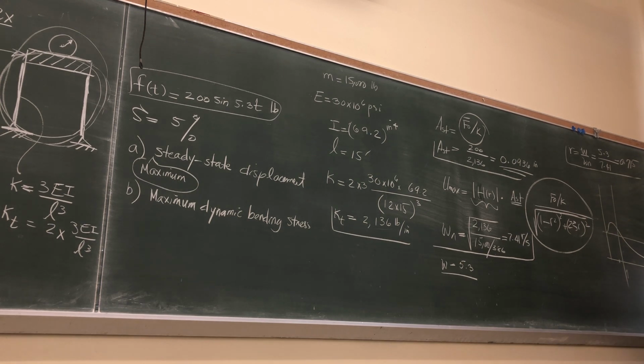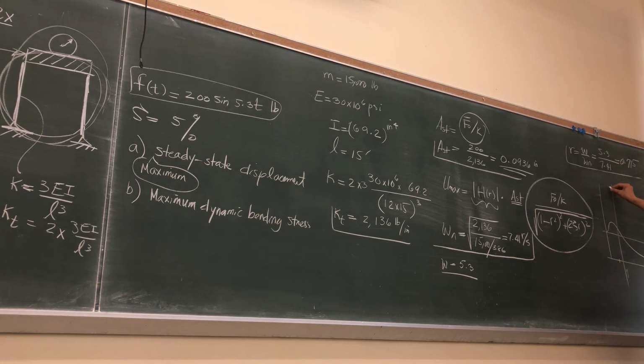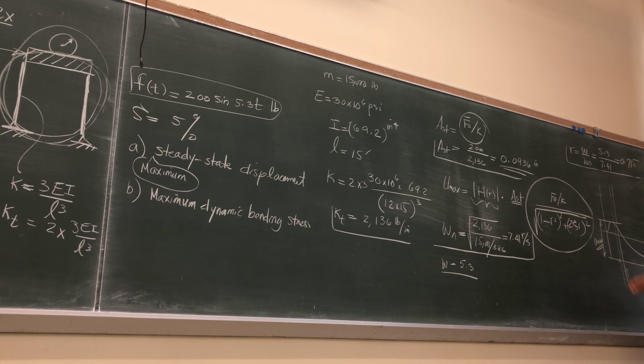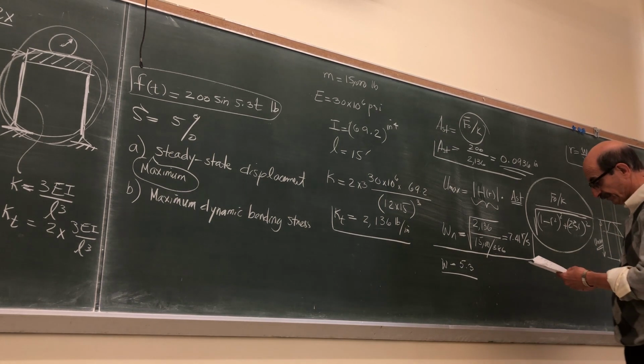Before solving the problem, you can imagine that since you are right here, this is your maximum U. Because the damping is less than 0.707, your maximum dynamic displacement is definitely going to be higher than the corresponding static displacement. Before even solving for that, you could see that. But nevertheless, let's find out the maximum value.